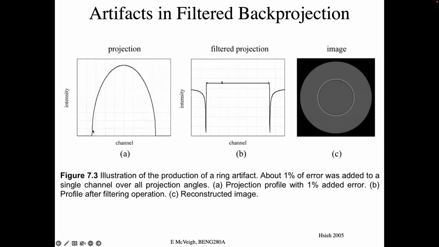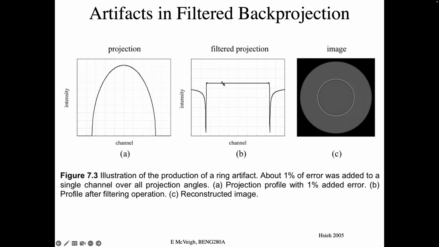If you have raw data such that one of your channels has a 1% error, however, and it's constant, so for every view it's giving you 1% higher than it should, its gain for whatever reason is up 1% relative to those around it, this is what the filtered projection looks like.